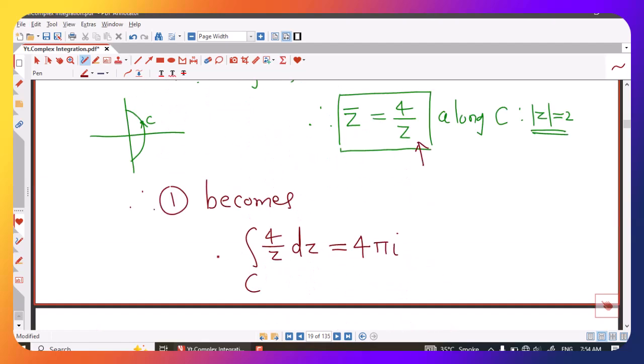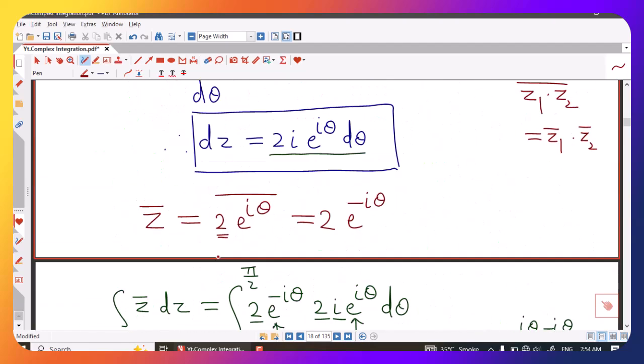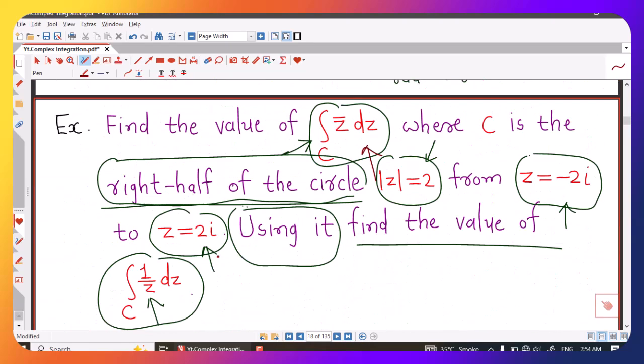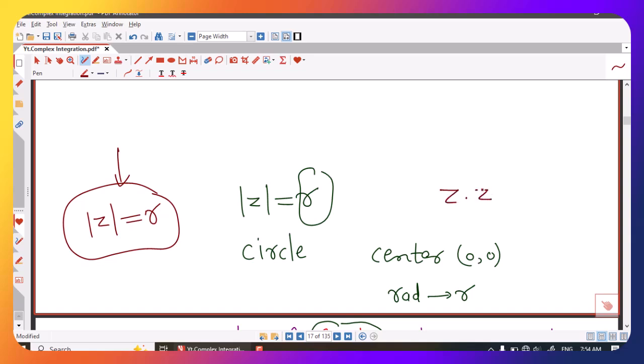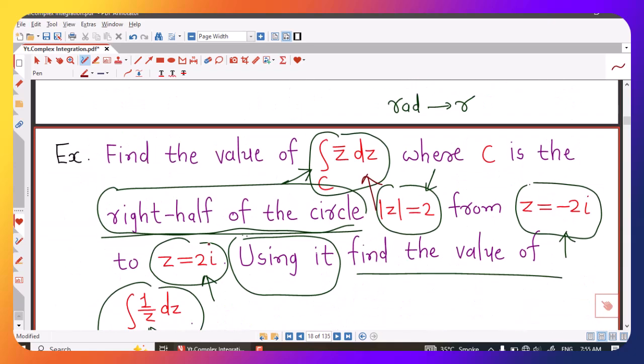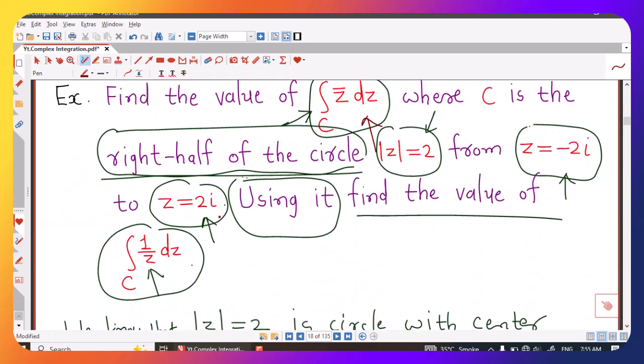Sometimes they can ask you this type of problem. What is new here is that if we have a circle with center origin and radius r, then we can represent it in this form also. We have also used the property that z into z bar is mod z square, and we have seen how we can use the value of one integral to obtain the value of another integral.